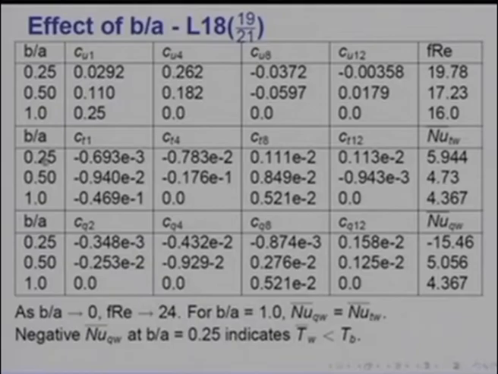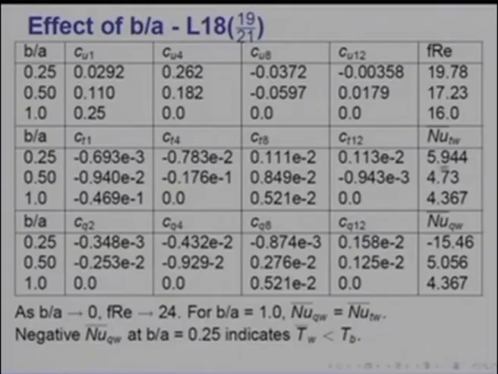For the same cases, I have considered the heat transfer under uniform wall temperature around the duct, and again you find CT1, CT4, CT8 and CT12 are finite for all of them.